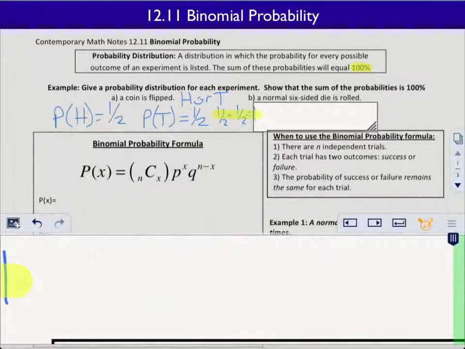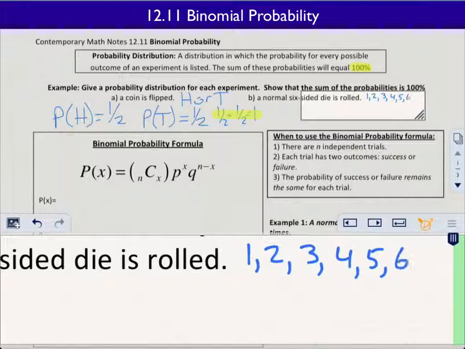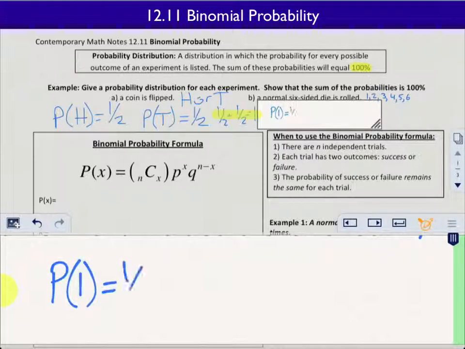Next, a normal six-sided die is rolled. So when we're talking about a six-sided die, we have the options of a 1, a 2, a 3, a 4, a 5, or a 6. So a probability distribution is just going to show each of those probabilities. So the probability of getting a 1 is 1/6.